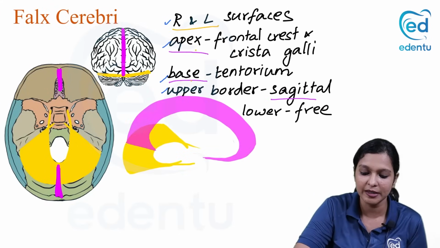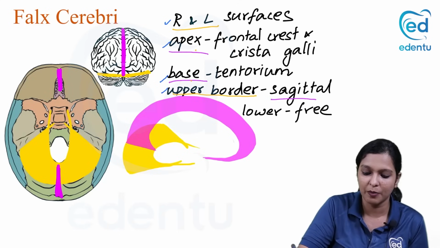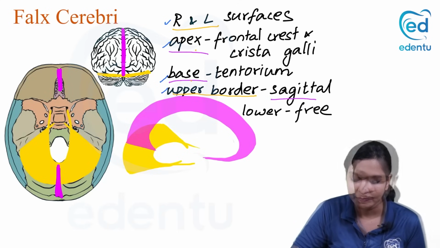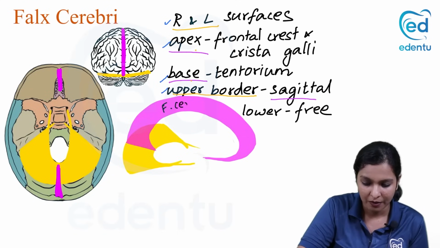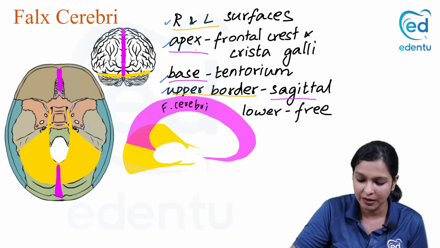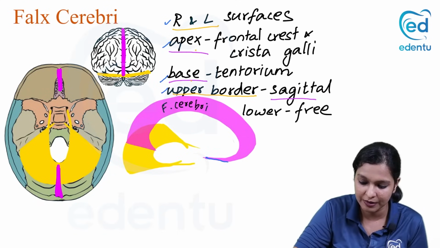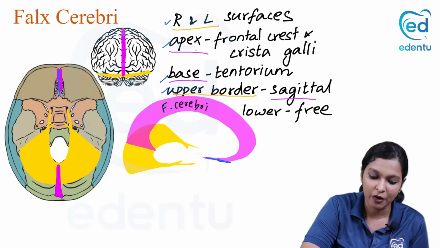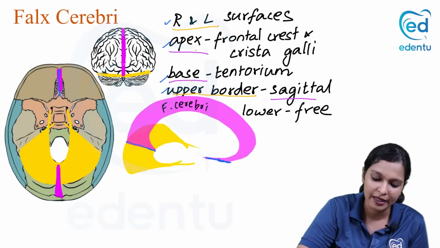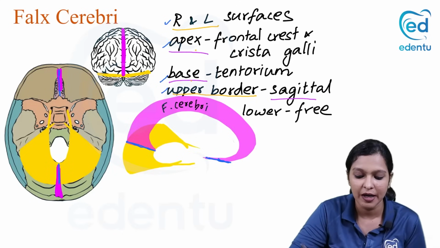So we've seen the apex, base as well as the upper border. Now in this image, this purple one represents the falx cerebri. This is the apex, that was attached to the crista galli and frontal crest. It has a base that is attached to the superior surface of tentorium.